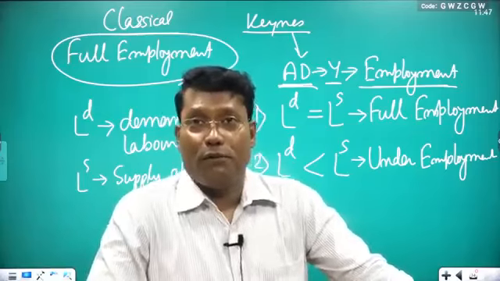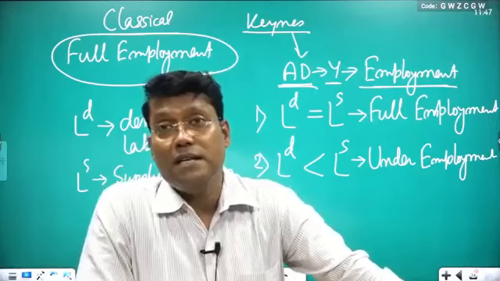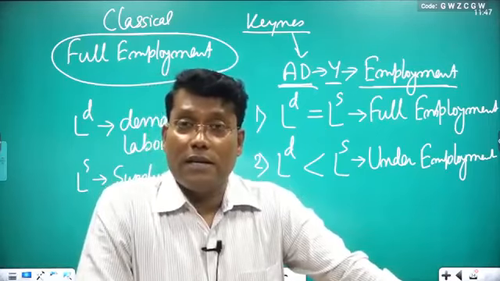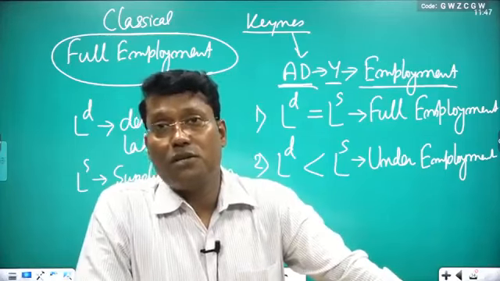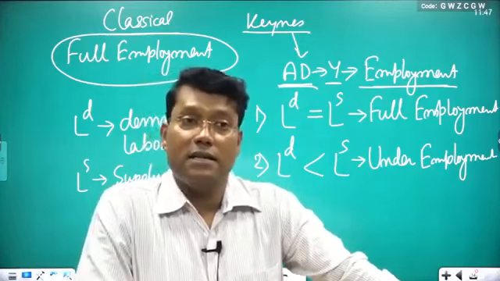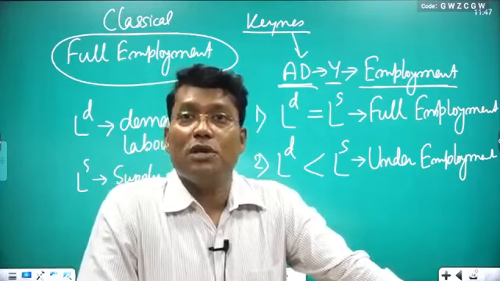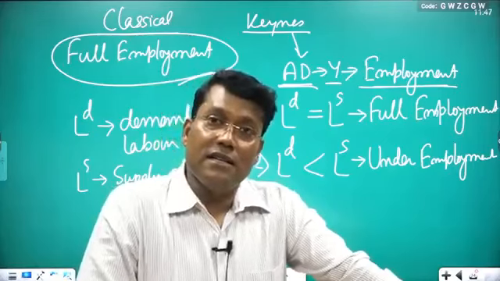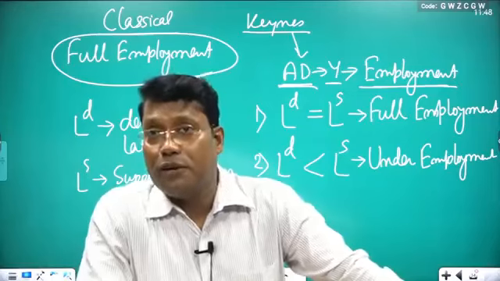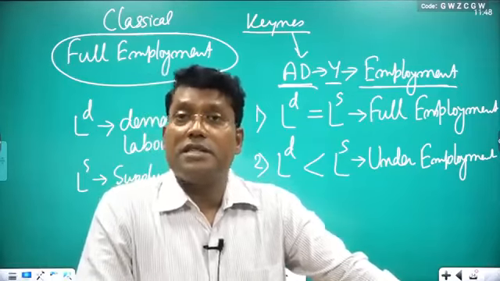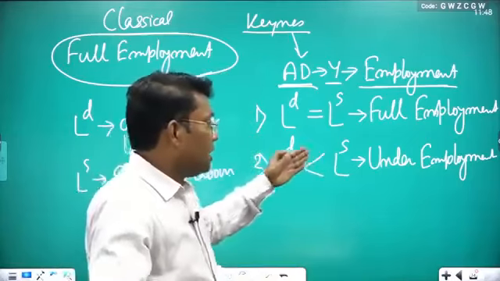But as a type of unemployment, underemployment means a person is working but the job is not suitable as per their qualifications, experience and skill. Suppose a BTech person is working as a clerk, we can say he or she is underemployed. But as far as Keynesian theory is concerned, underemployment means overall all persons are not getting jobs.